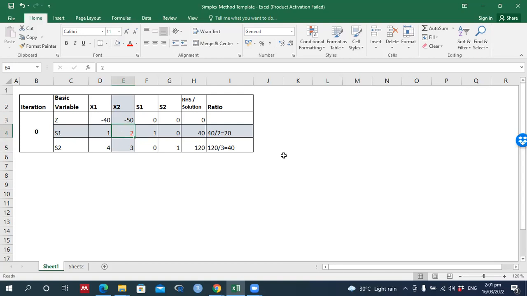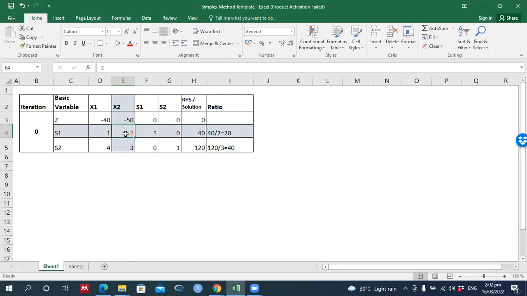Please note this down, because several questions, especially in exams, can be asked around these figures. So the pivot element is the coefficient or value at the intersection between the pivot column and the pivot row.